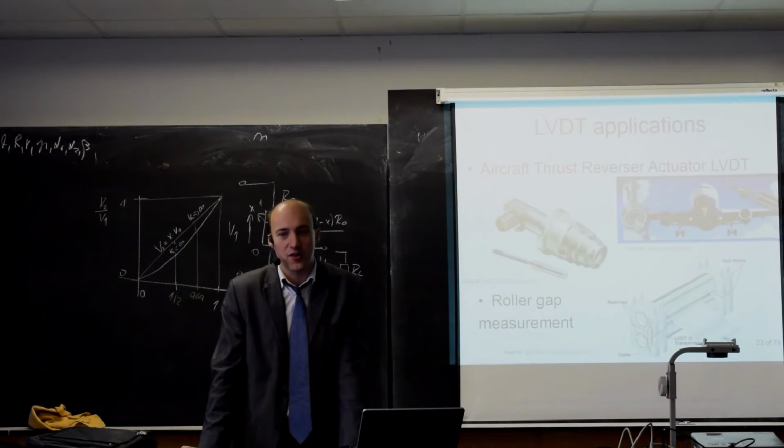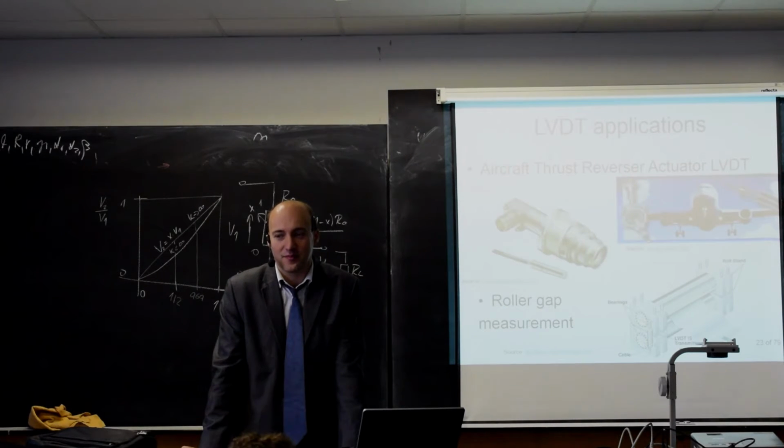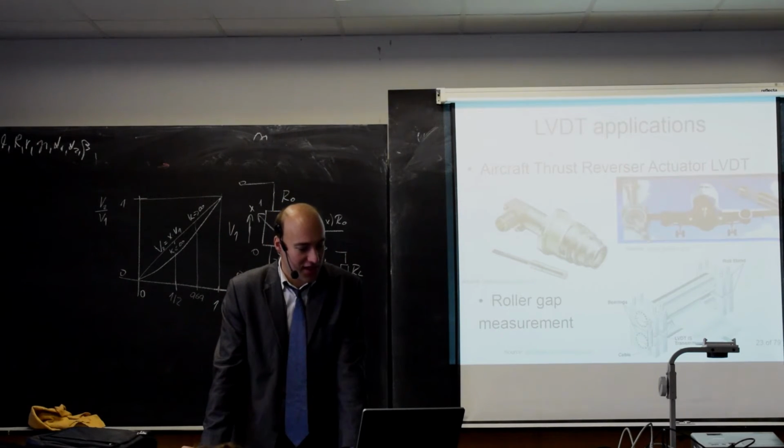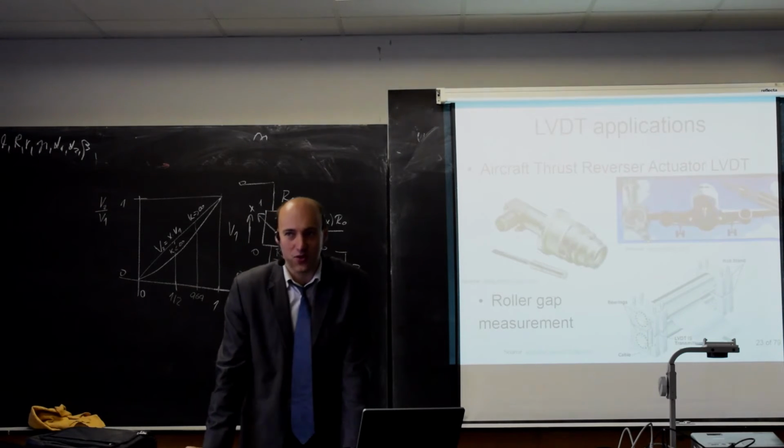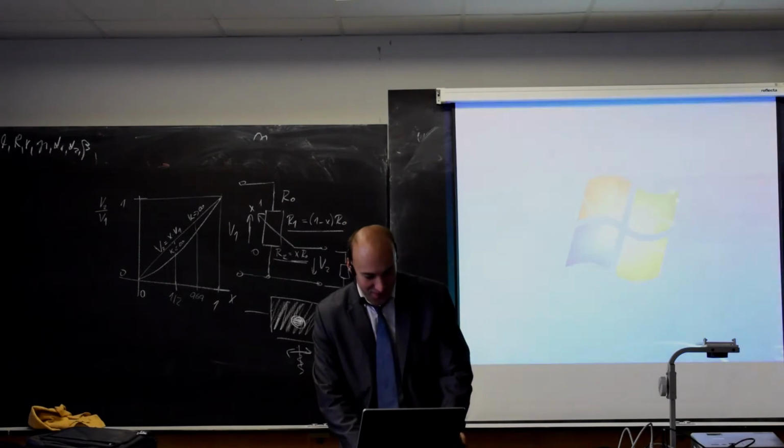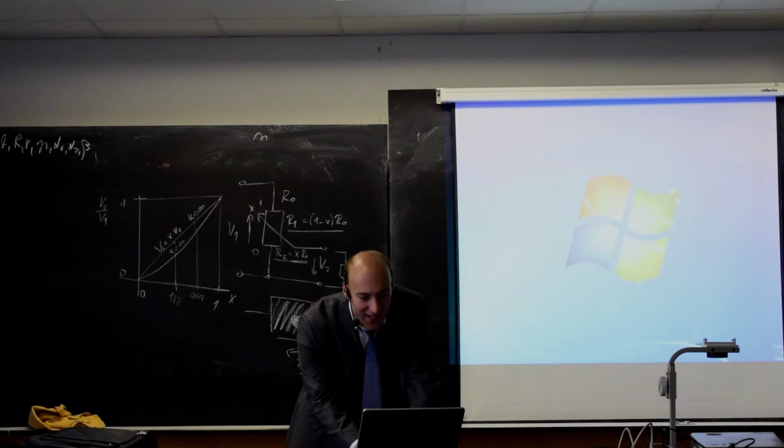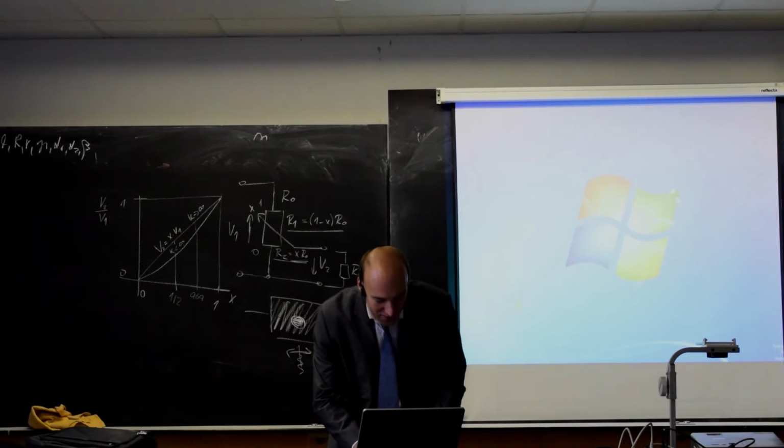What is a thrust reverser? What is it good for? Or in other words, how does an airplane brake when it lands? So there is a mechanism that's called a thrust reverser. I have a video. Let me find it.